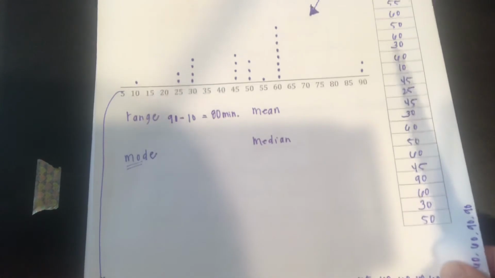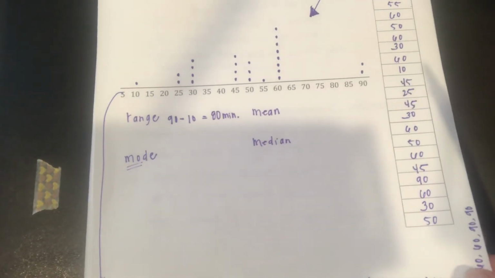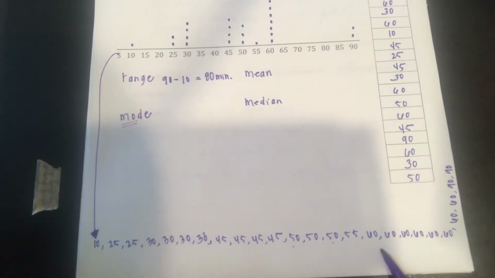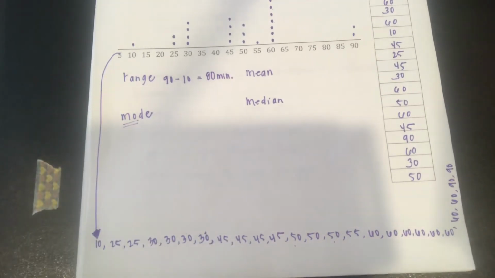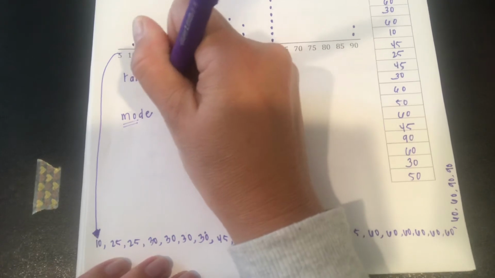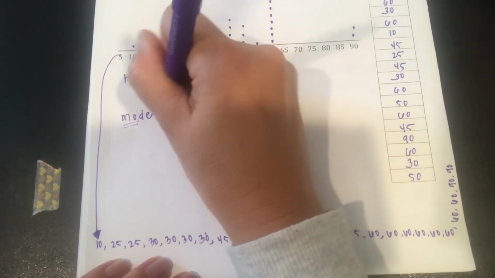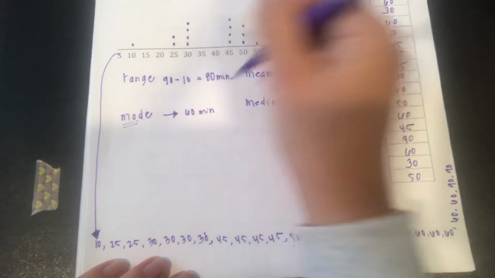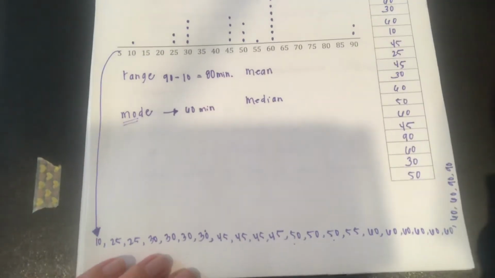If I pull that down, 60 was definitely the most popular. And then I can also look down here, and I have a lot of 60s here too. So the mode is going to be 60 minutes because 60 occurs the most often.